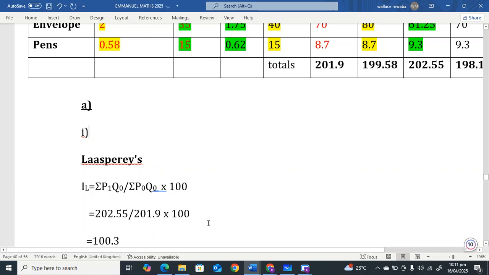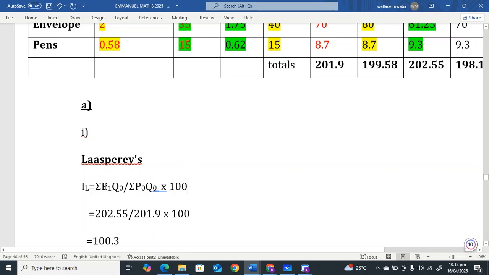Laspeyres price index is the summation of P1 times Q0, the price of 2022 multiplied by the quantity of 2021, divided by the summation of P0 times Q0, times 100. Now note, this 100 which I'm multiplying by, it's not a percentage. I'll explain once we get the answer.